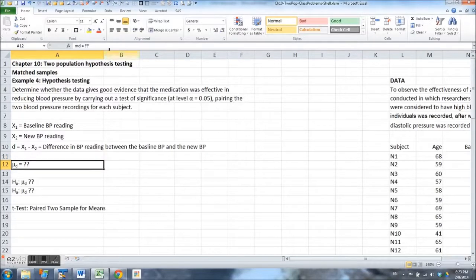So now we define mu sub D as the average difference in BP reading before and after the regimen of medication.